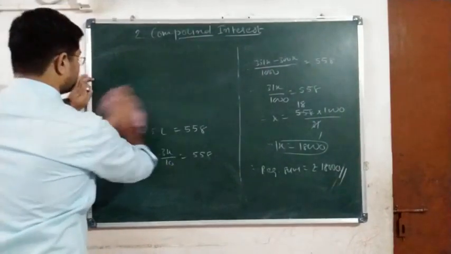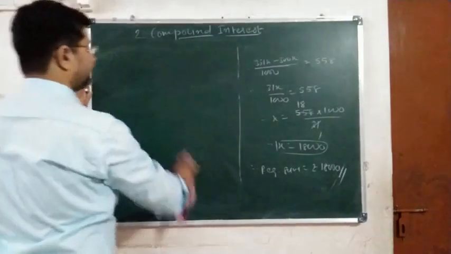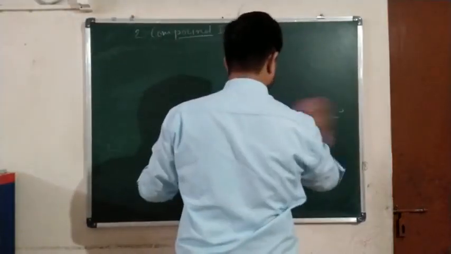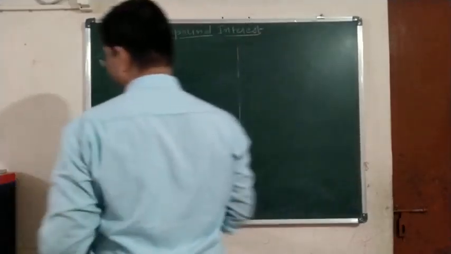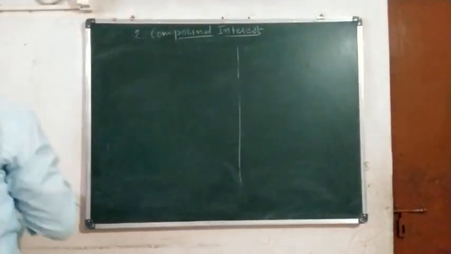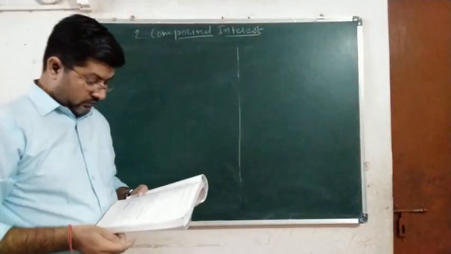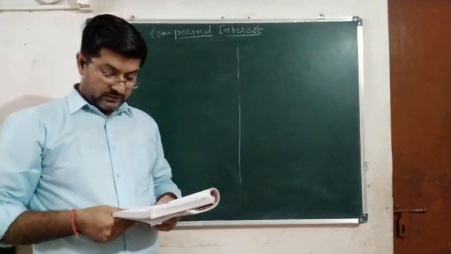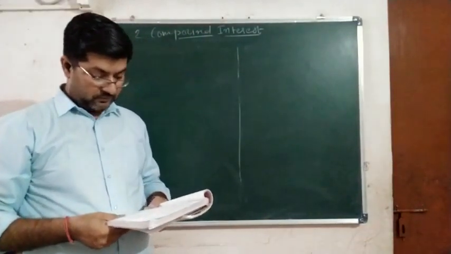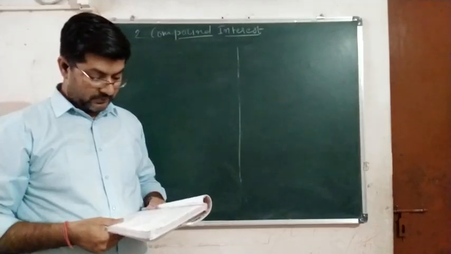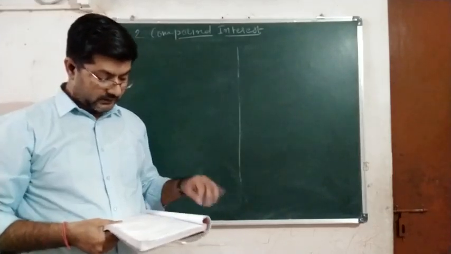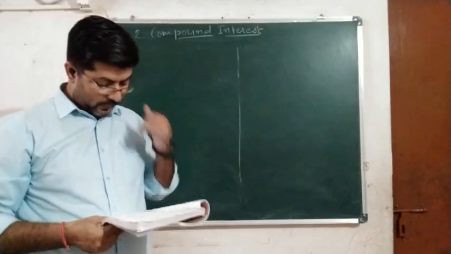Okay, now let us solve question number 14. Find the difference between SI and CI on a sum of money for 3 years at 10% per annum. Okay, again the difference is given.